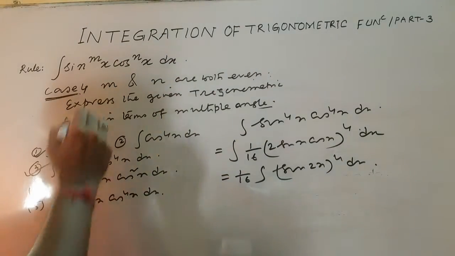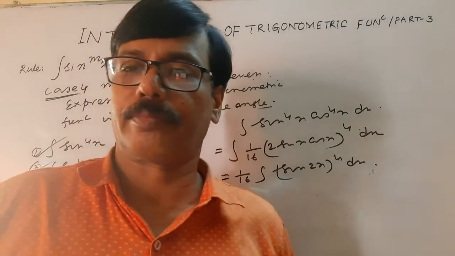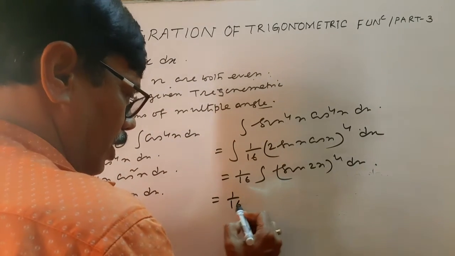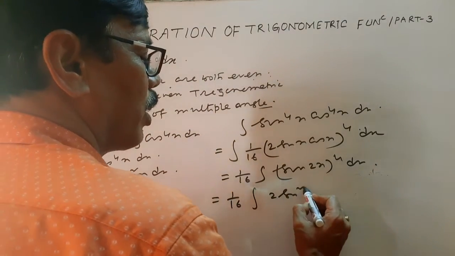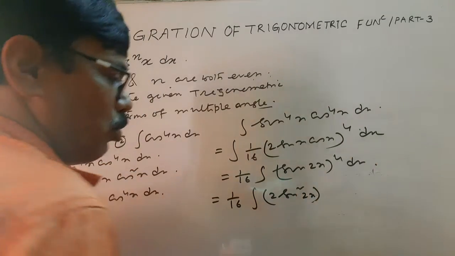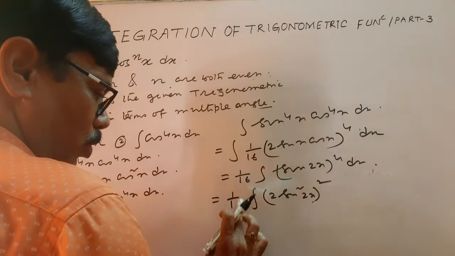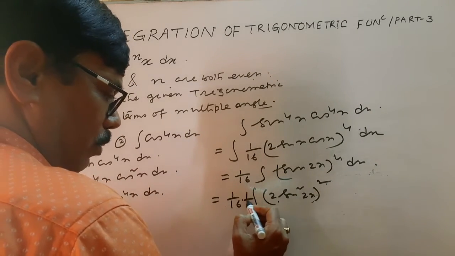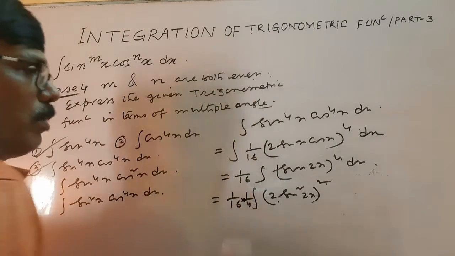So this is problem number 1. Now this is again 1 by 16, sin square 2x whole square. We know a formula. So it is balanced by 2 square, it is 1 by 4.